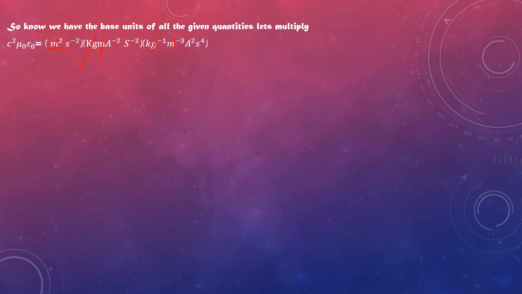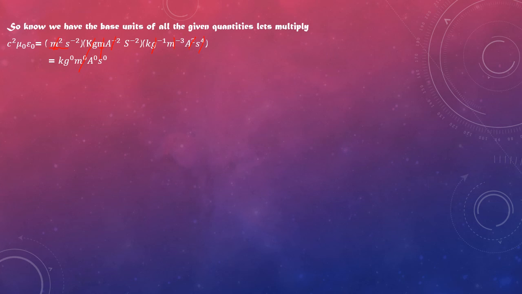Here we still have an A to the negative 2, which goes with A to the 2, and we see that S to the negative 2 and S again to the negative 2, when we combine them, gives us S to the negative 4. So we see that all the units actually cancel out, bringing them to the powers of 0, 0, 0. Hence we have kilogram to the 0, m to the 0, A to the 0, and S to the 0.